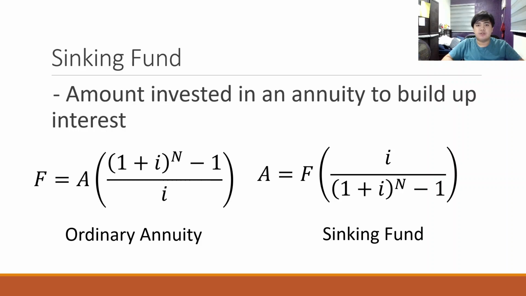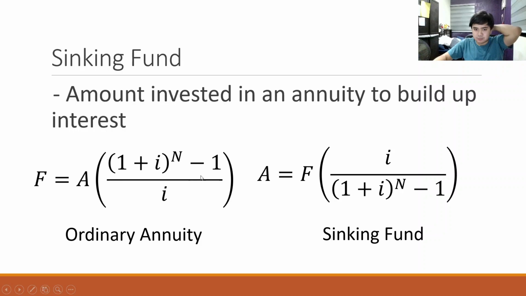Now, for the sinking fund part of the sinking fund method, it is essentially the amount invested in an annuity to build up interest. In an annuity, you pay periodic and constant amounts. So maybe you pay $100 or 100 pesos each month, and that would build up interest. For an ordinary annuity, this is the formula: F equals A times some factor.